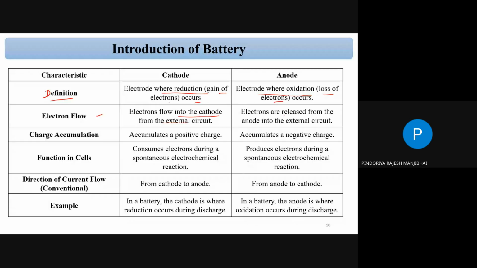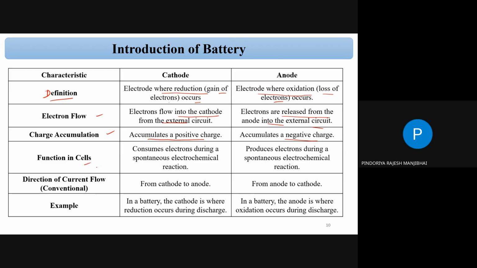Electrons are released from the anode into the external circuit. Charge accumulation: the cathode accumulates positive charge and the anode accumulates negative charge.